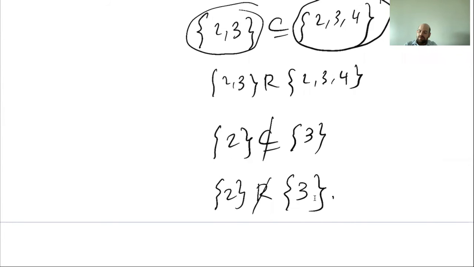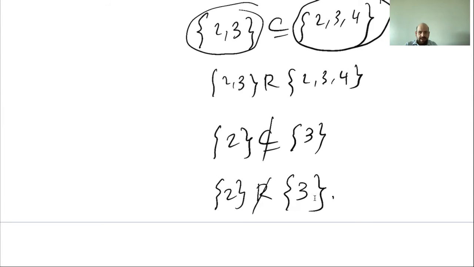So this is the relation that is defined on subsets of S, the set of all subsets of S, which is called the power set of S and is denoted by P of S. So P of S, I remind you one more time, is the set of all subsets of S. And how many elements does it have? In other words, how many subsets does a set S have?